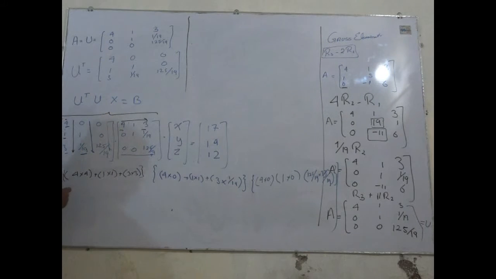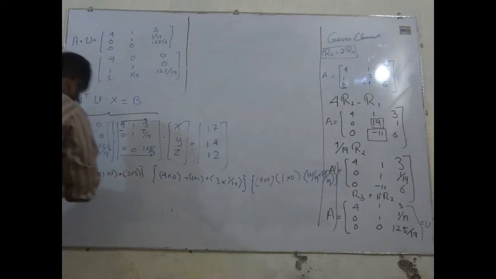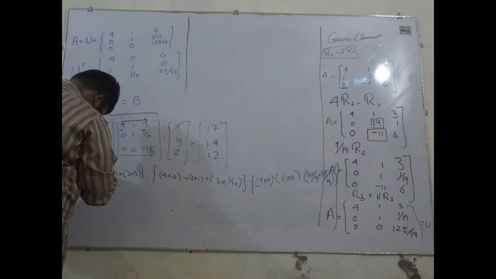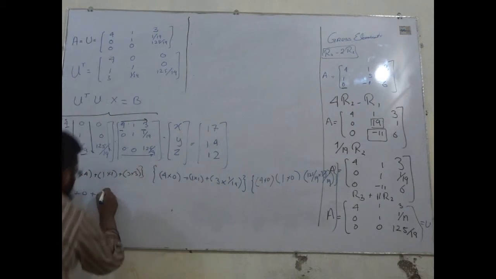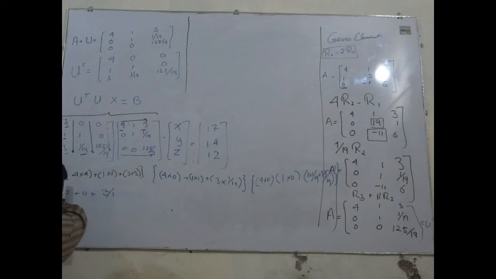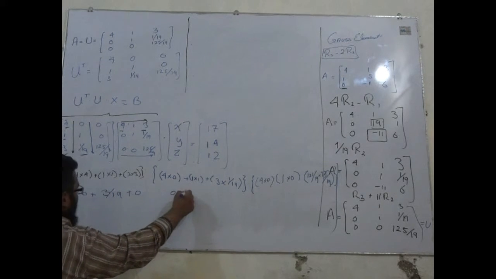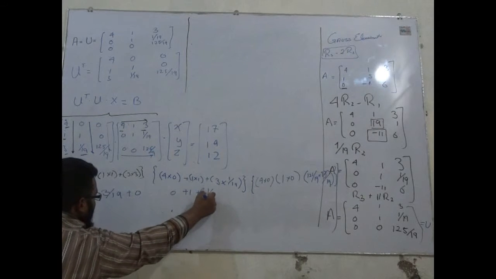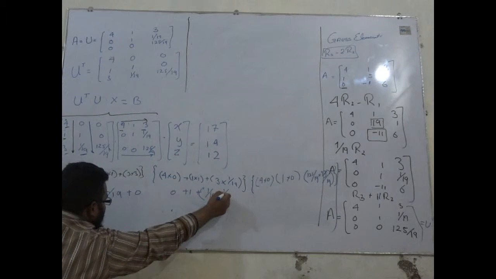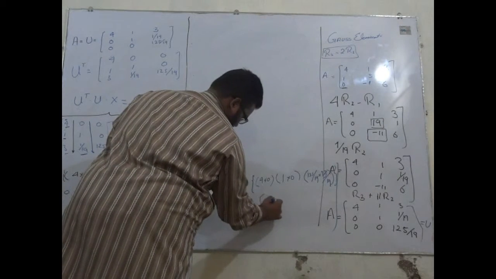Solving this for the second, I have something 3 over 19 plus 0, here 0 plus 1 plus 1 over 19 into 1 over 19.